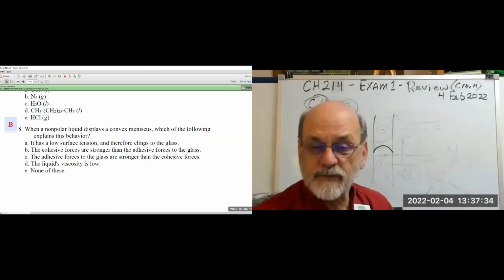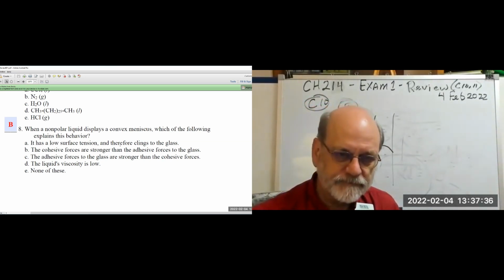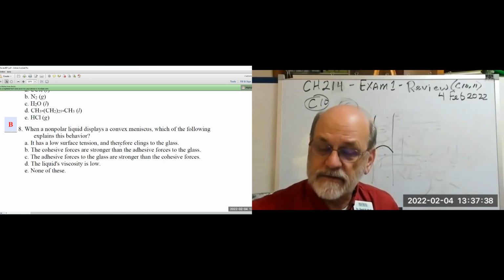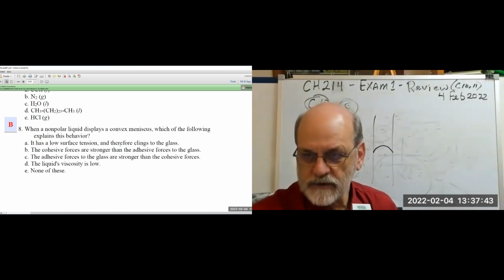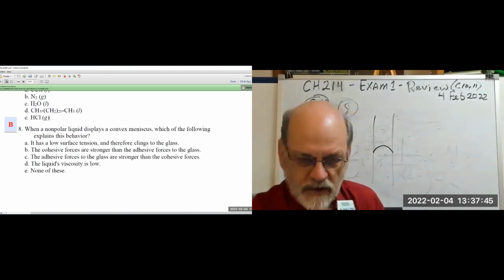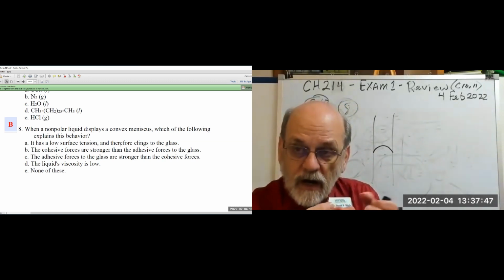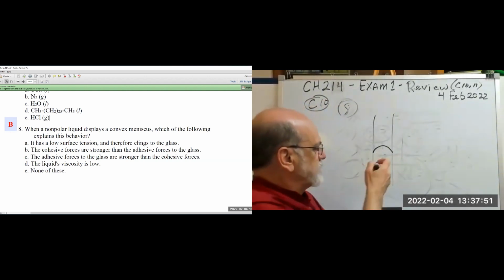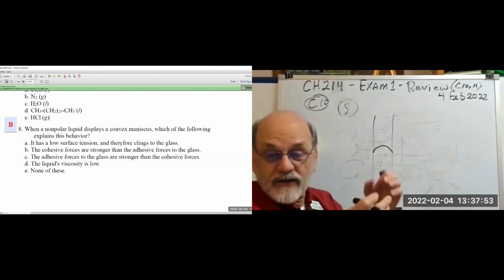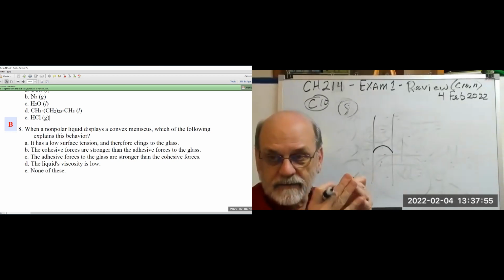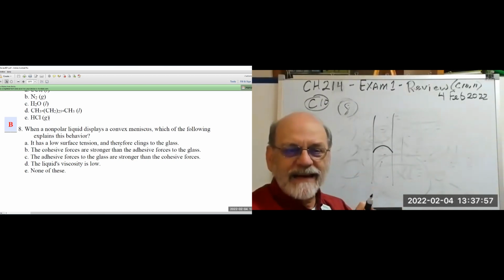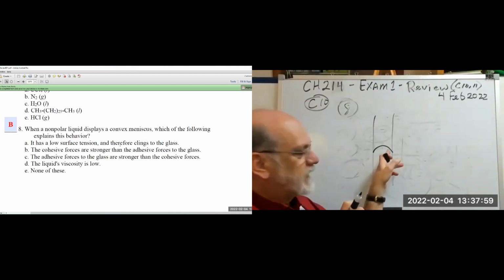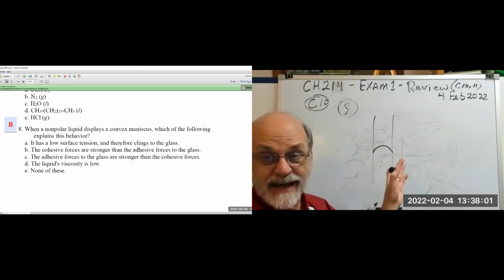Which of the following explains this behavior? This relates to our discussion of cohesive versus adhesive forces. Cohesive forces are those that the substance attracts to one another inside in the material. Adhesive forces are between the material and its container.